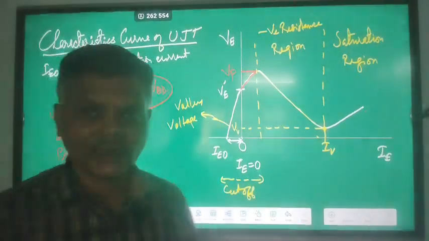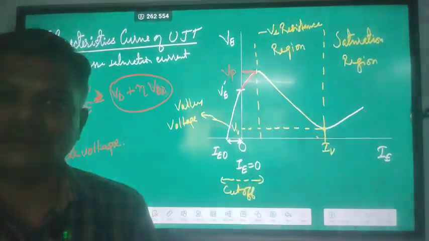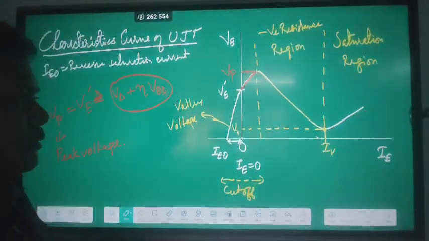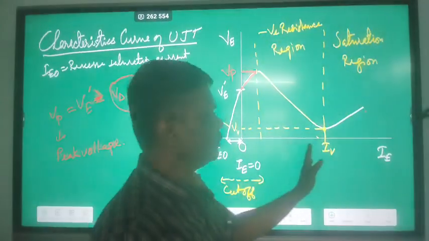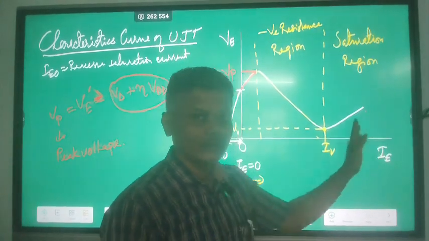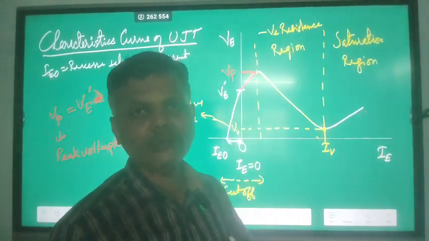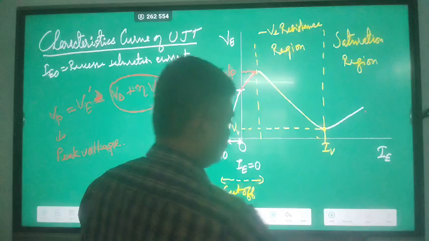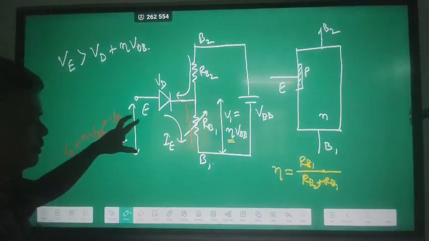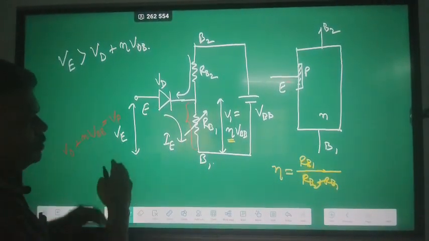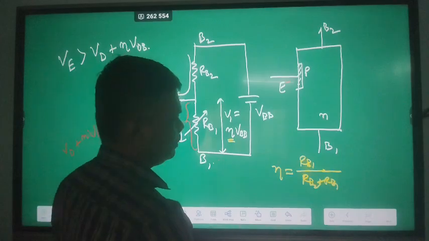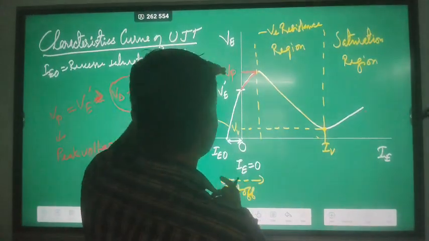So once the UJT becomes saturated, then after that, if you want to increase the current, you have to apply more voltages. So initially, to overcome this V1, I have to apply a voltage Vp.